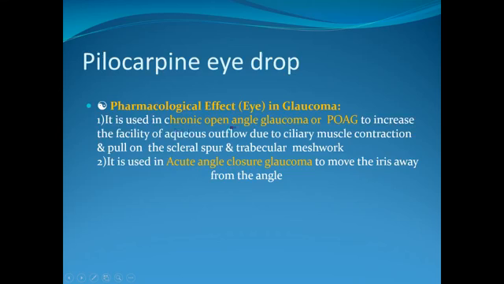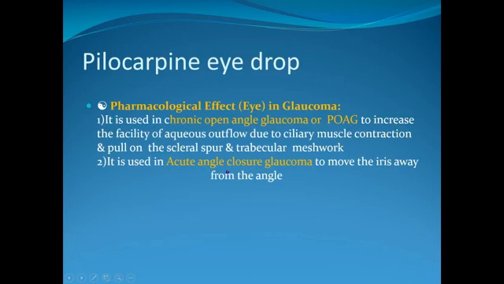It is used in chronic open-angle glaucoma to increase the facility of aqueous outflow due to ciliary muscle contraction and pull on the scleral spur and trabecular meshwork. In open-angle glaucoma, it just helps to enhance the outflow of aqueous humor.